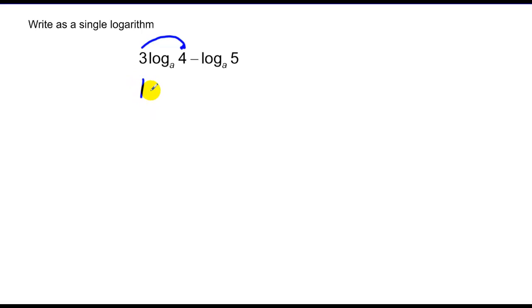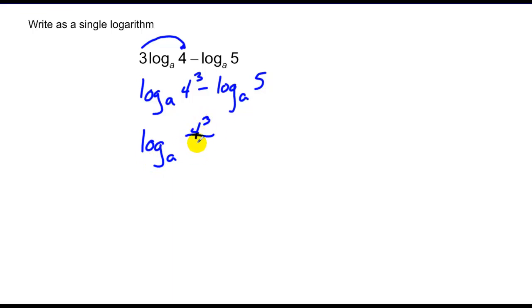So I have the log base A of 4 cubed minus the log base A of 5. Now I can deal with this subtraction, changes it into a division. So this is the log base A of 4 cubed over 5, which, if I want to clean that up a little bit, 4 cubed is 64 over 5.